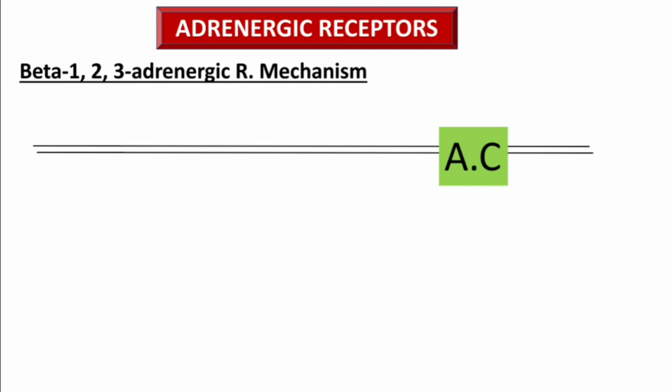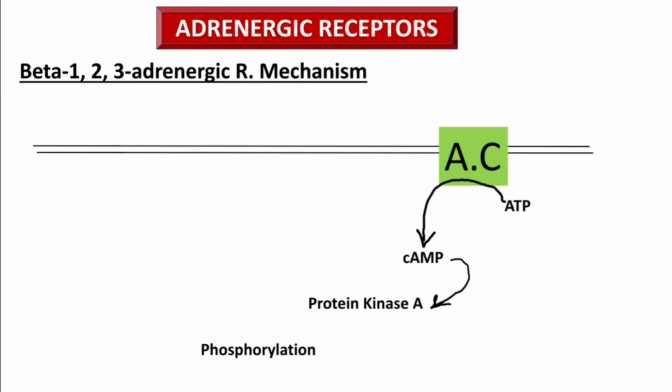This enzyme converts ATP to cyclic AMP. Cyclic AMP activates protein kinase A, and then protein kinase A phosphorylates different enzymes and proteins in this cell, right? Okay, so now you know the pathway.